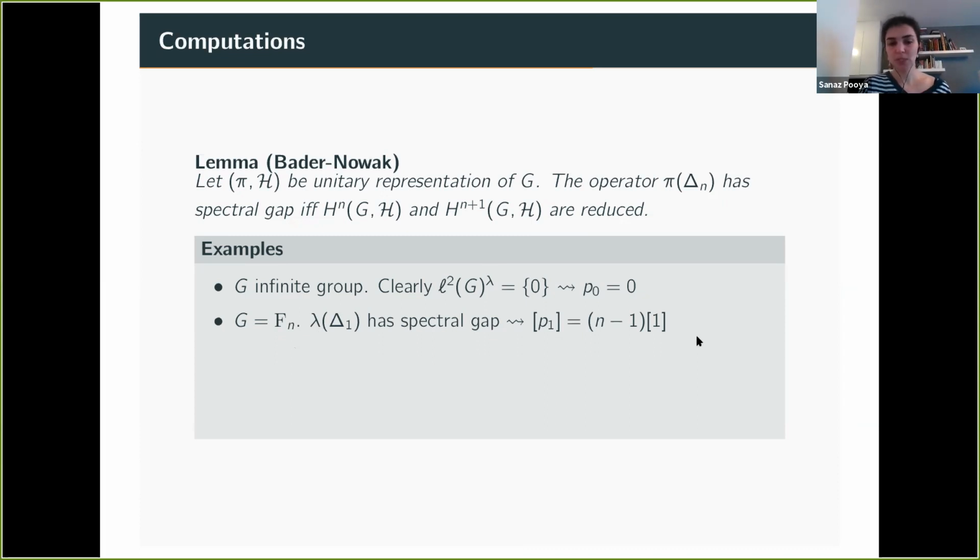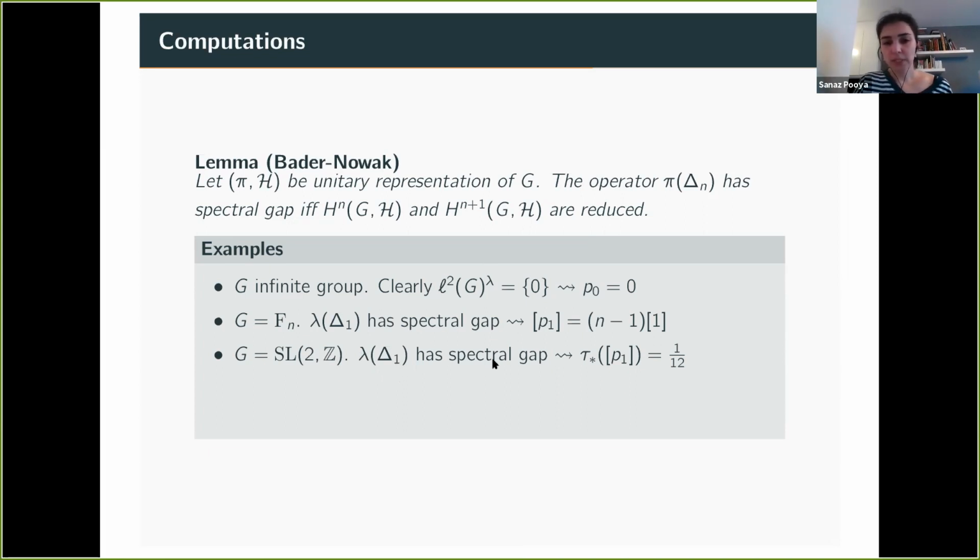So next, now let's take SL2Z. This is basically a free group on two generators, up to finite index. So more or less for the same reason as above, we get spectral gap for the first Laplacian.